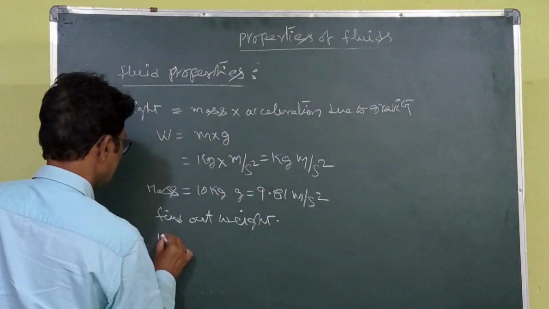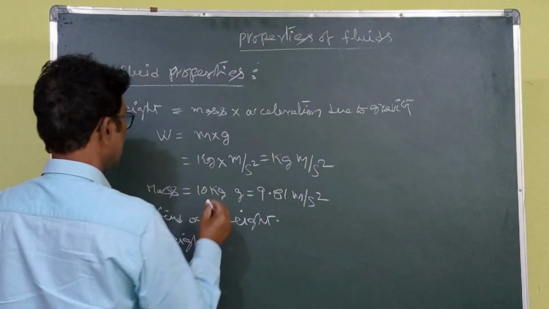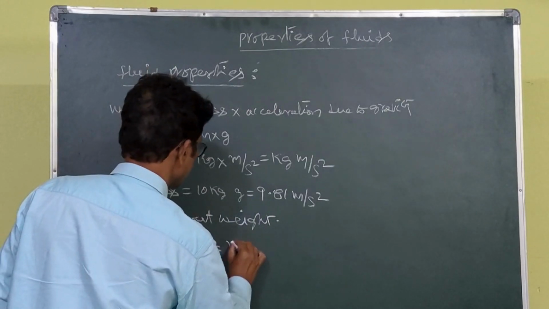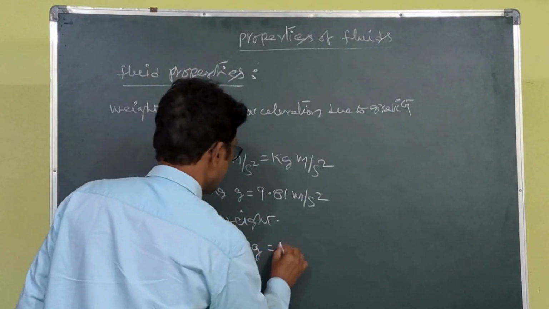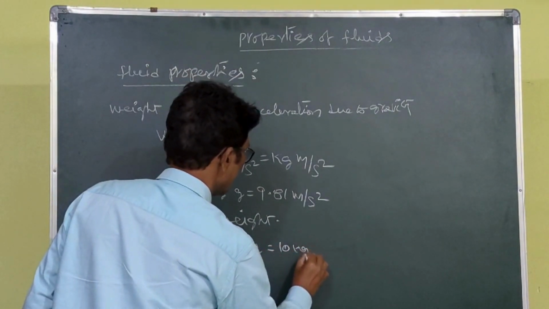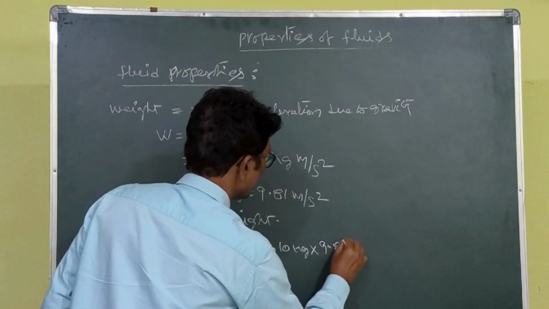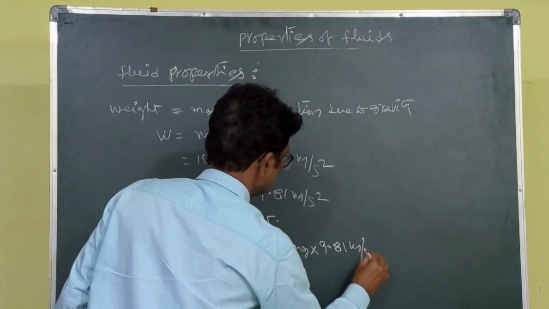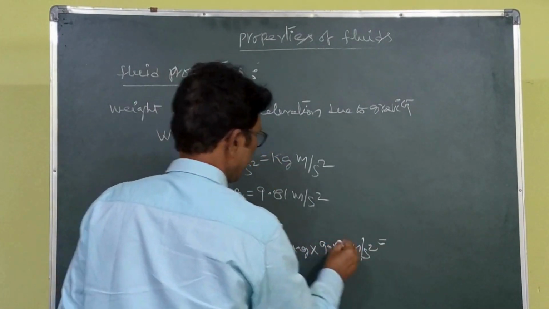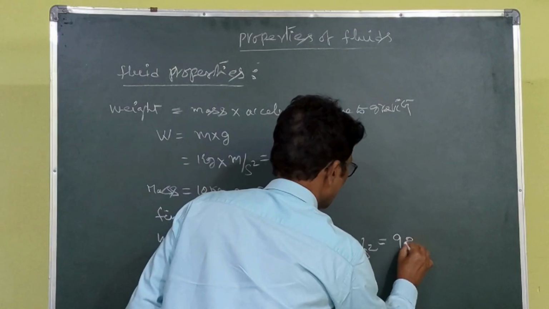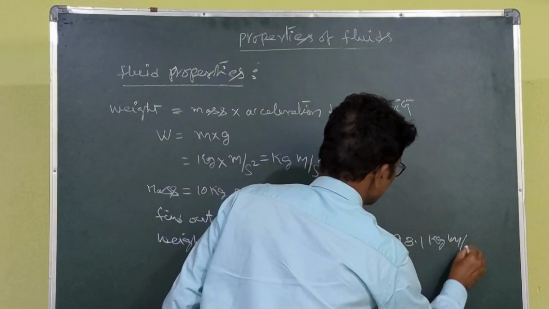Weight equals mass into acceleration due to gravity. So mass equals 10 kgs into acceleration due to gravity 9.81 meter per second square. Multiply 10 into 9.81, that is 98.1 kg meter per second square.